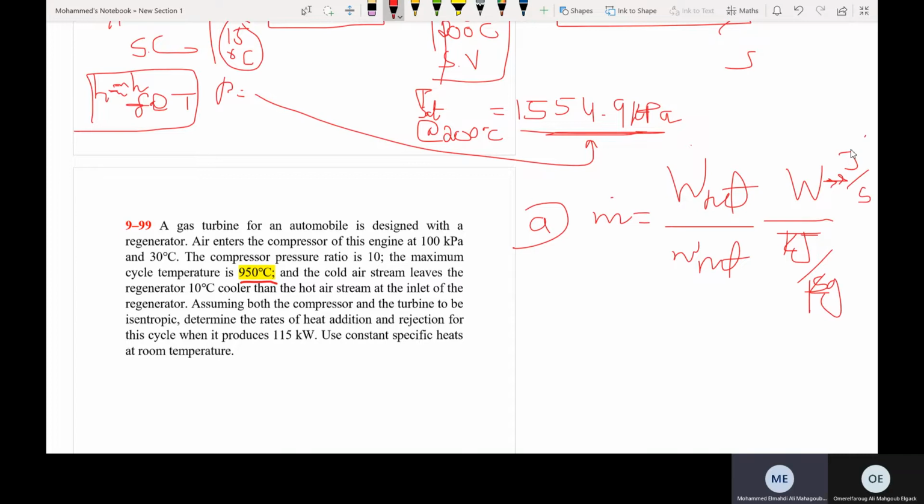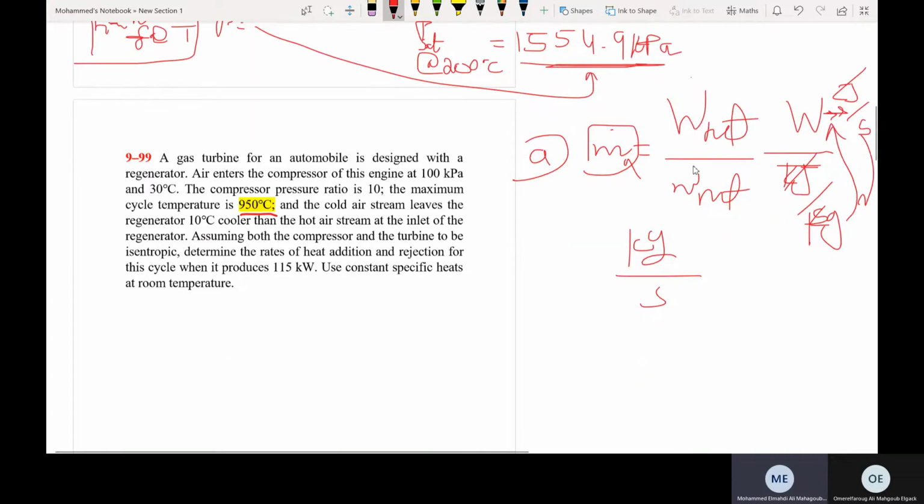So what will happen? Watt will cancel with watt, kilogram will come up, and second will come down, because this is the denominator of the denominator. So it is going to be kilograms per second. So this is the mass flow rate of air.